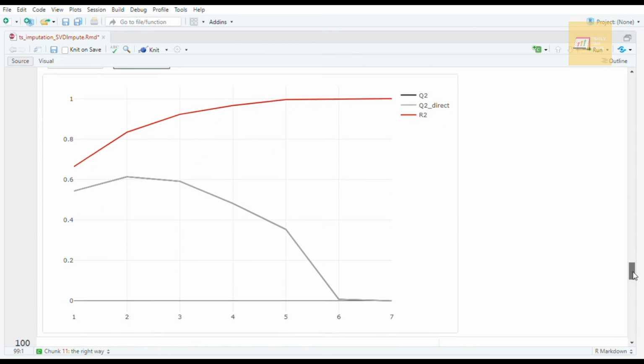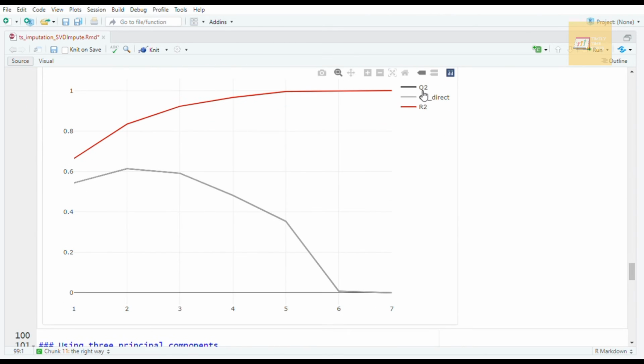Now let's take a closer look at this plot. As we can see here, the Q squared scores are exactly the same, no matter which function we run, right? So I'm going to remove the gray line now so that we have only 2 lines, the black line, which denotes the Q squared scores, and the red line, which is for the R squared, the cumulative R squared to be exact.